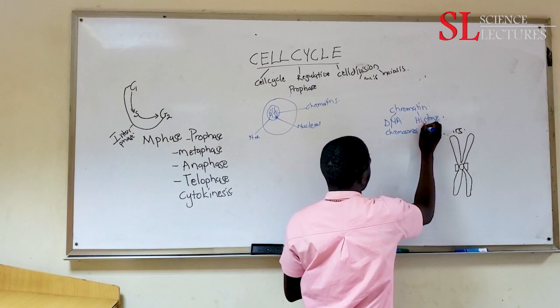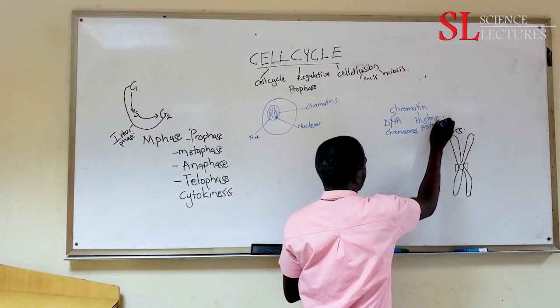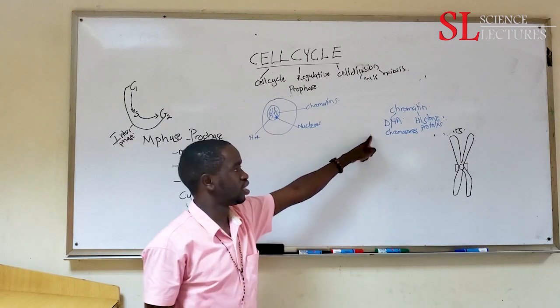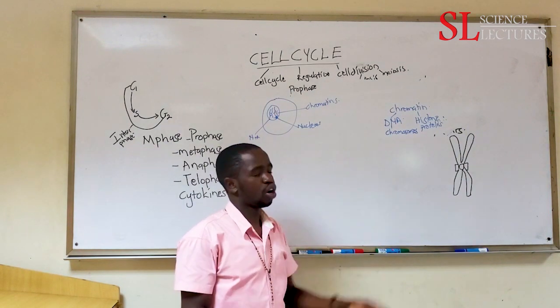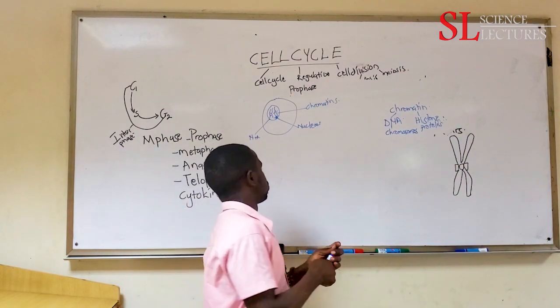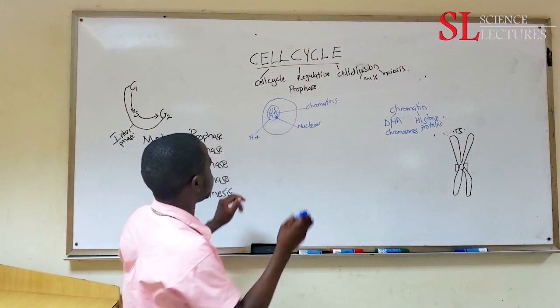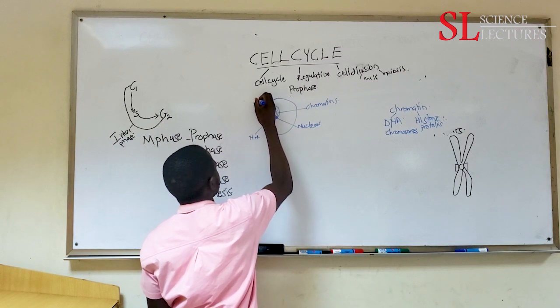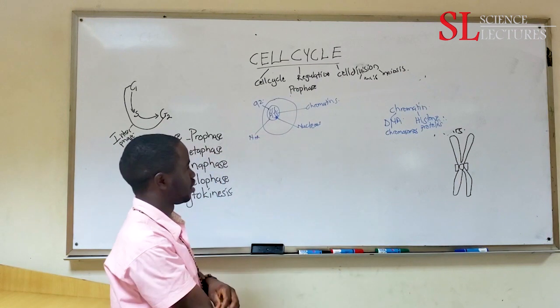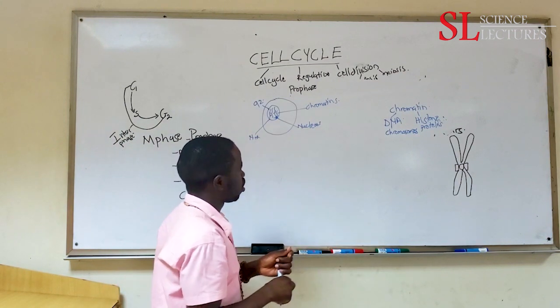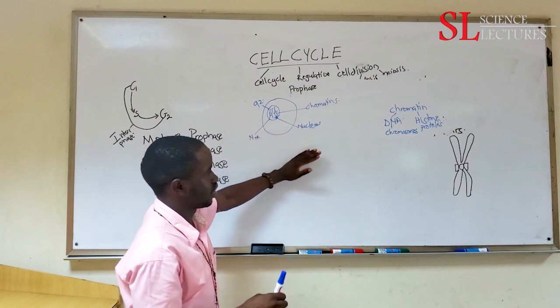The histone proteins coat the DNA that is enclosed within the chromosomes. So our cell will look like this. It will be containing, as we said, 92 chromatins.